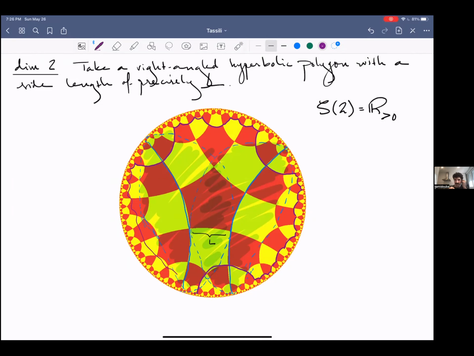In fact, co-compact right-angled reflection groups cease to exist in dimensions 5 and higher in hyperbolic space. An essentially identical argument can be used to prove density of S3 and S4 using compact right-angled polygons.